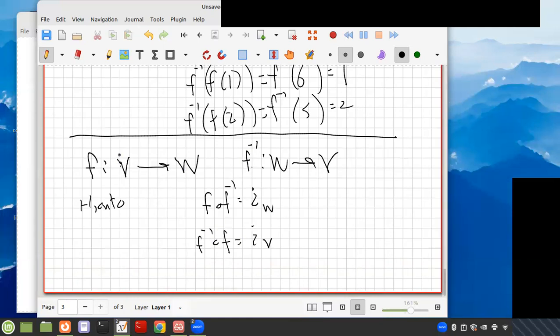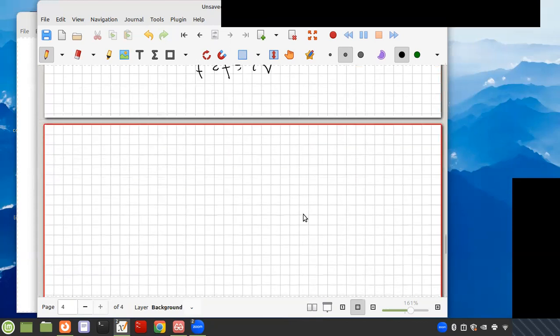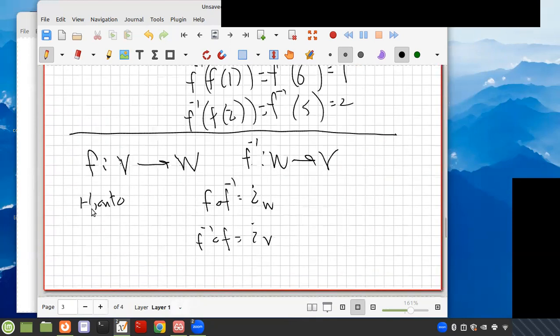Well, if I just choose a random map here that's 1-to-1, it might be hard to find F inverse. Let's do an example for this. Let's say that I went X and Y. Where am I going to have maps that are 1-to-1 onto? It's only when they're the same dimension.